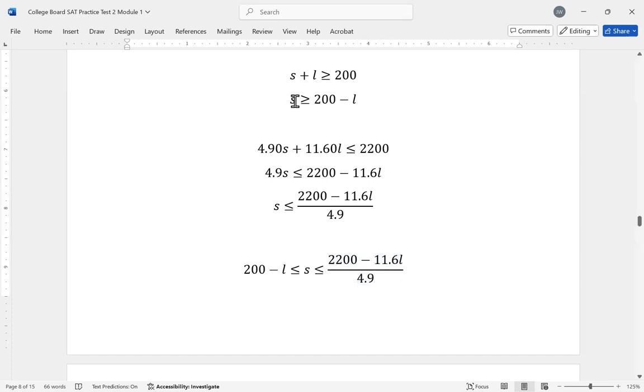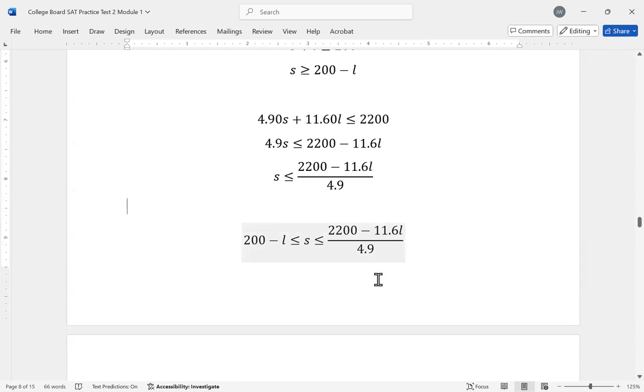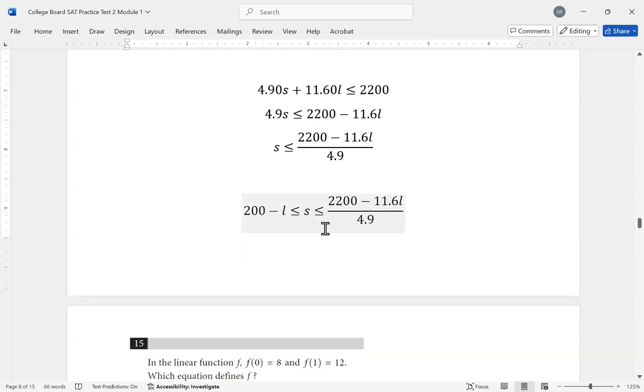So S needs to be bigger than 200 minus L, but smaller than that fraction. And now we just say, if this is true for S, we have an inequality which says 200 minus L needs to be less than 2,200 minus 11.6 L, all divided by 4.9.